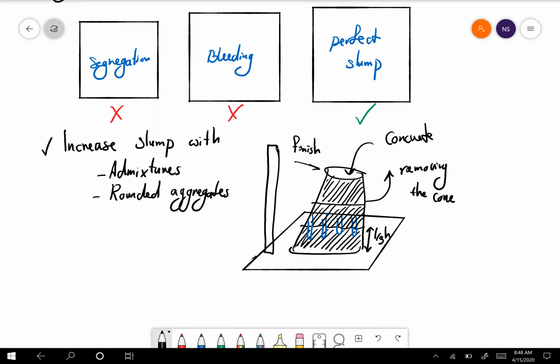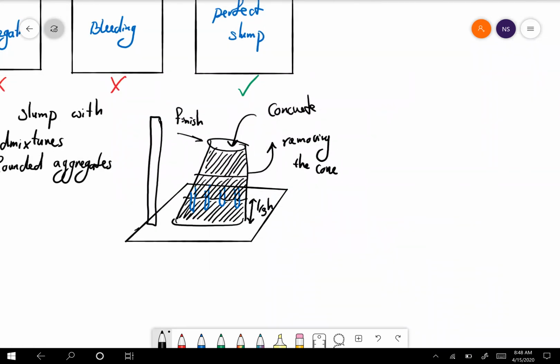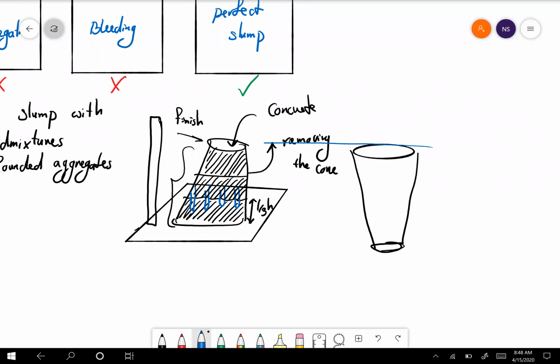What you do is put the cone upside down right next to the concrete sample, and then you put the rod on top of it. This is the metal rod.